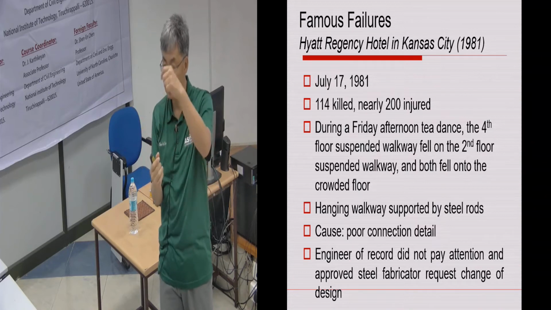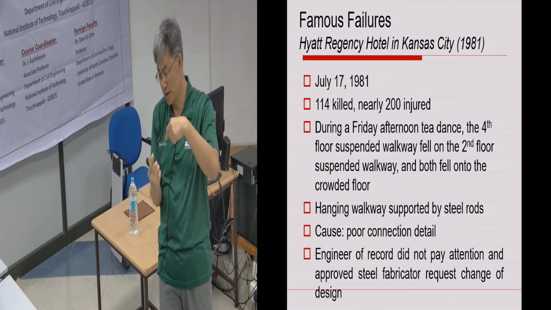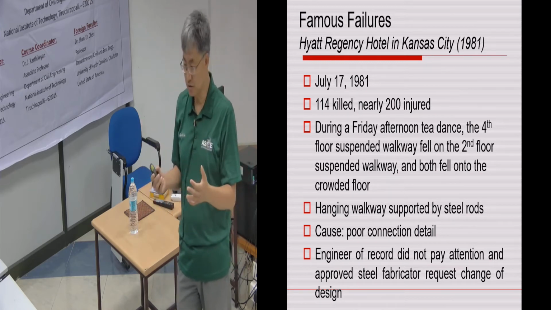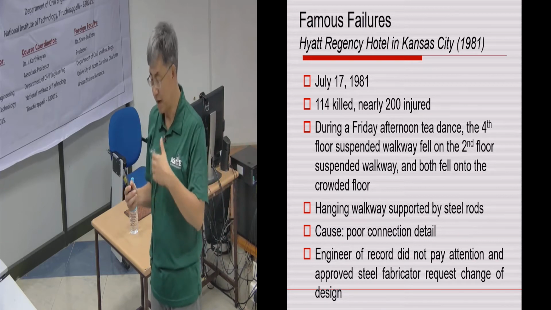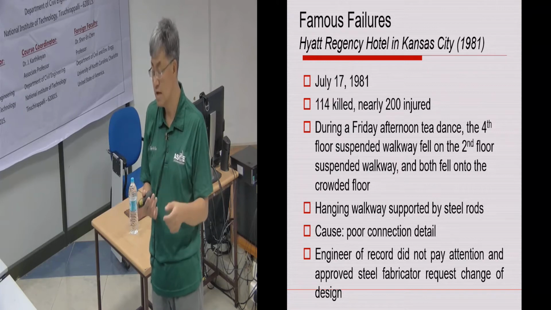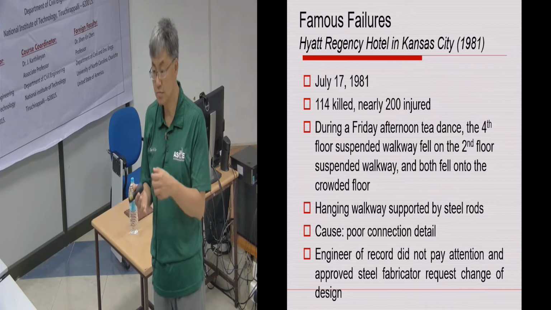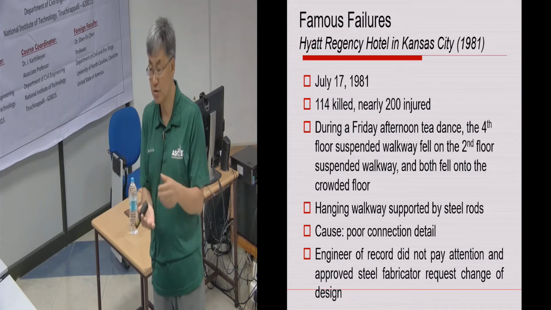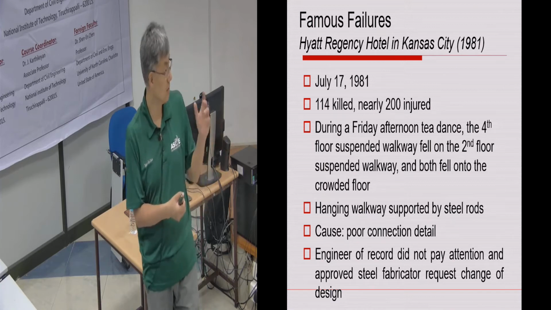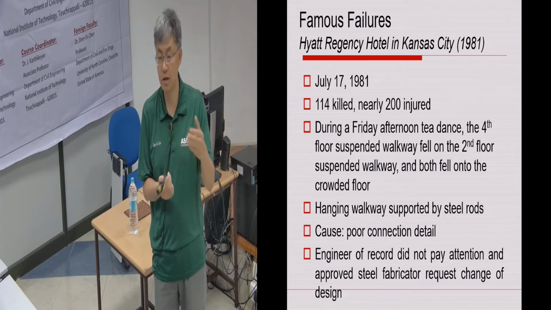Because of the construction challenge, the contractor and the steel fabricator requested a change of the design. The engineer didn't pay strong attention and just approved. The engineer of record, I think, was just fresh out of school, so he didn't realize that this change could be a safety issue. He just approved that design without any documentation, and that becomes an issue.